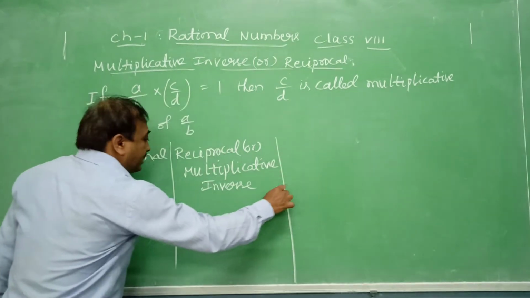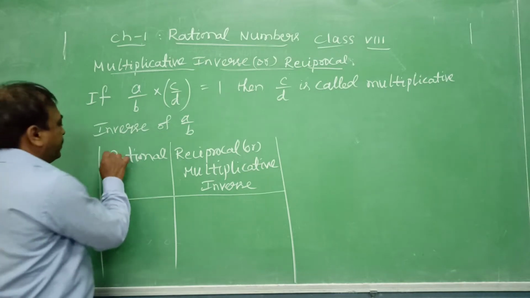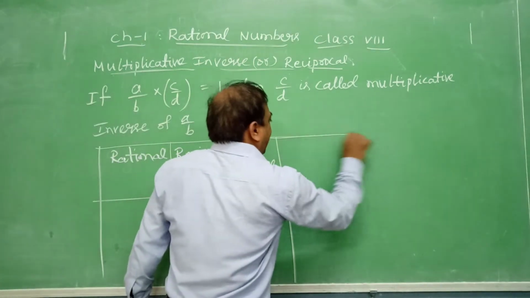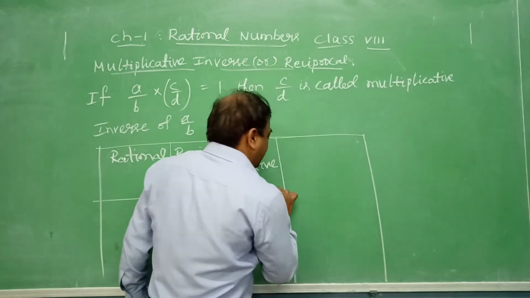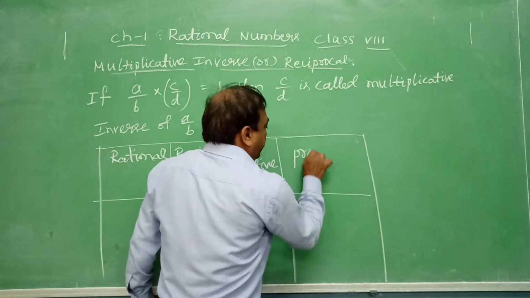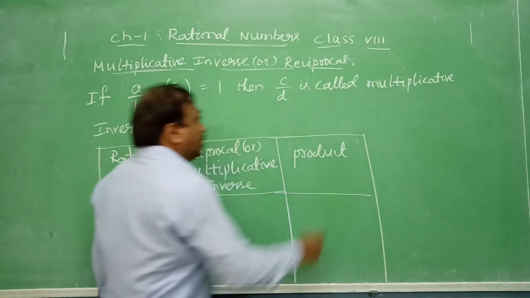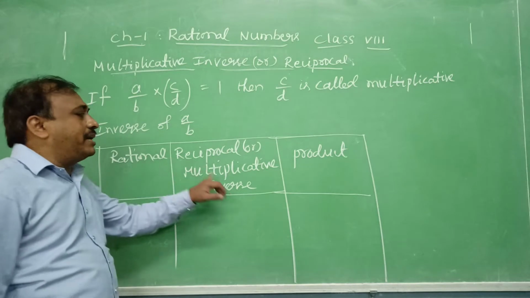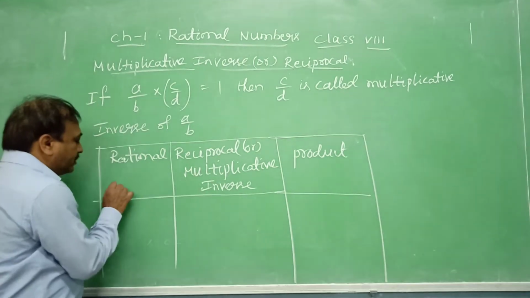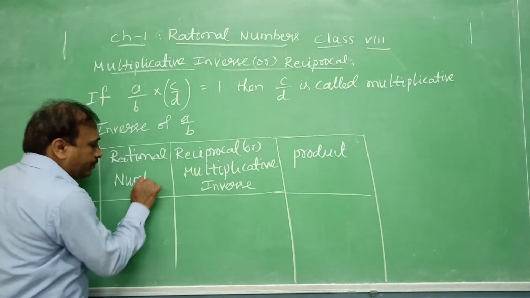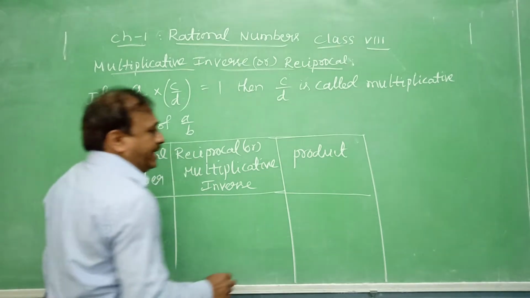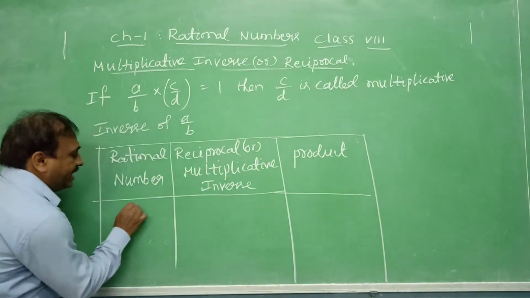And the product of this rational number and this one, a rational number and its reciprocal, the product is always equal to 1, like a by b.